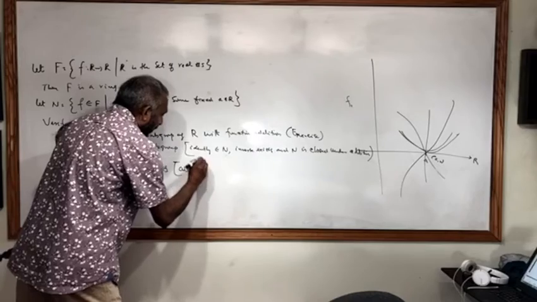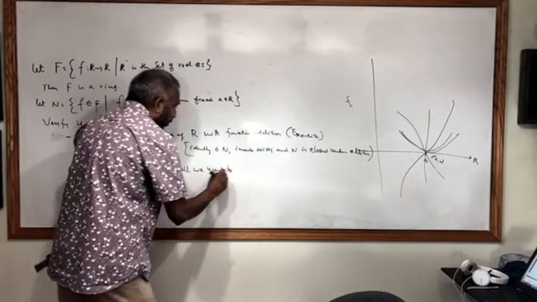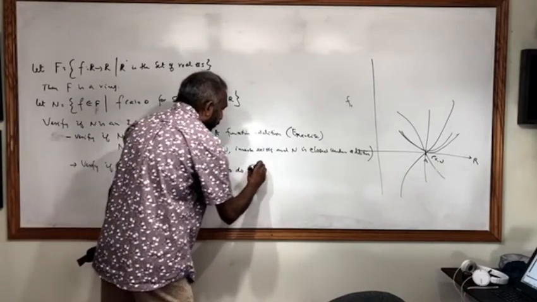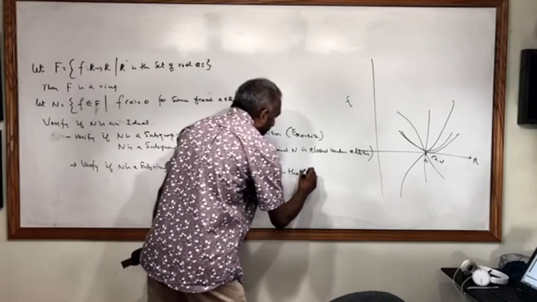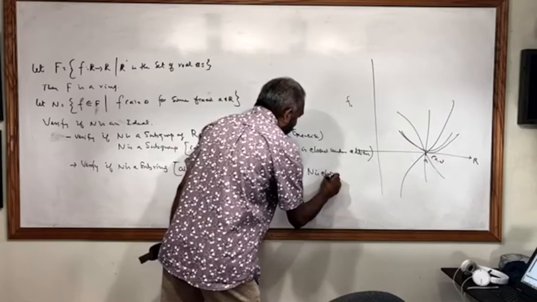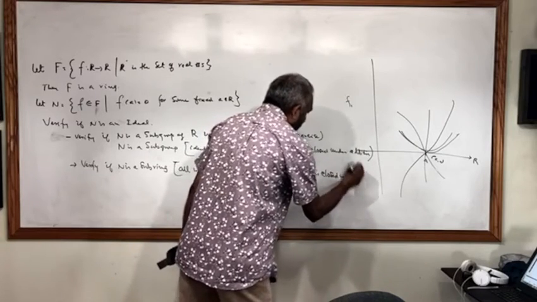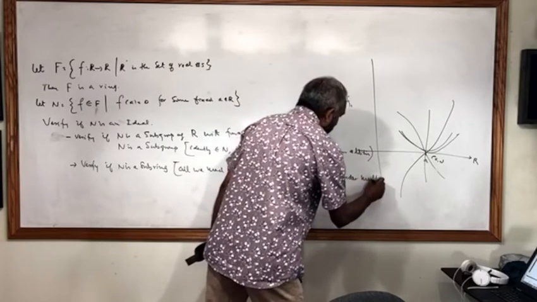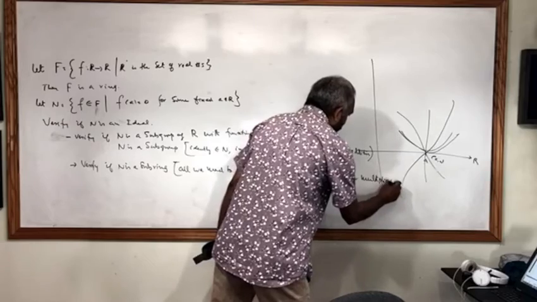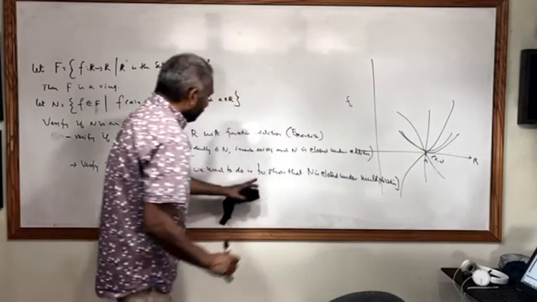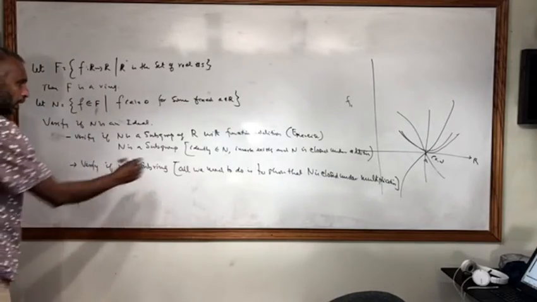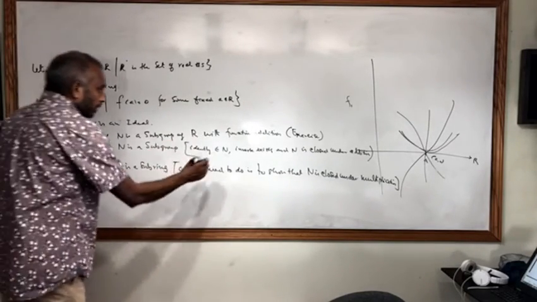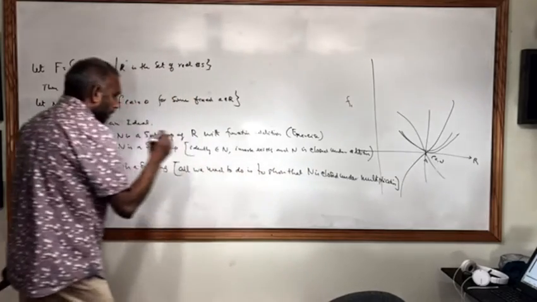All we need to do is to show that N is closed under multiplication, because the associativity and distributive law follow from R. This can be easily proved.